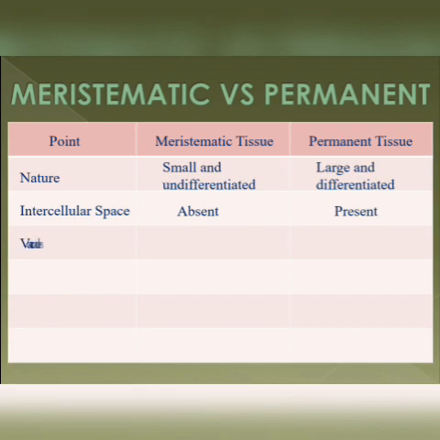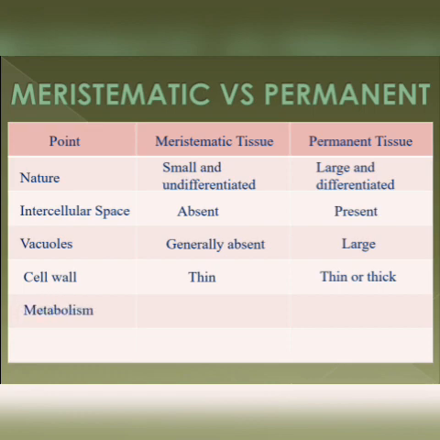If we take the point on vacuoles, in meristematic tissues, vacuoles are generally absent, whereas in permanent tissue, there are large vacuoles which are seen. With respect to cell wall, in meristematic tissue, cell wall are seen to be thin, whereas in permanent, they can be thin or thick.